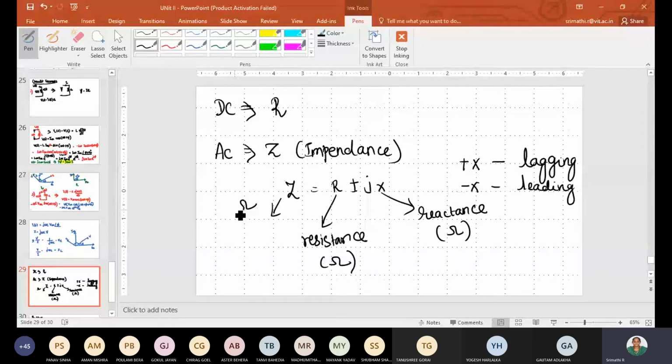The inverse, 1 by Z, is said to be Y, which is nothing but admittance, where Y is equal to G plus or minus jB. 1 by R is conductance G, and 1 by X is said to be susceptance.